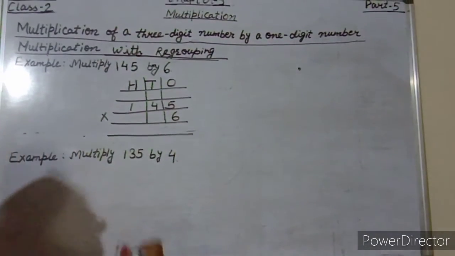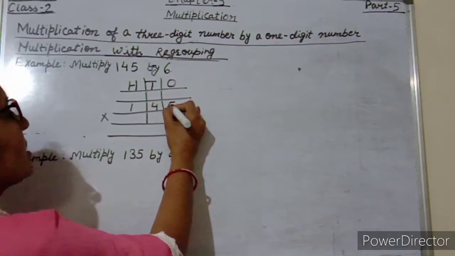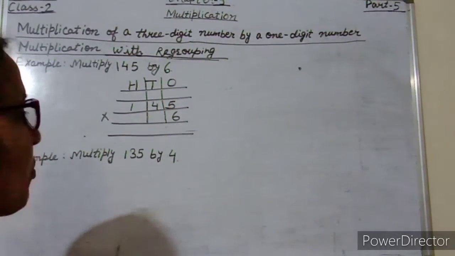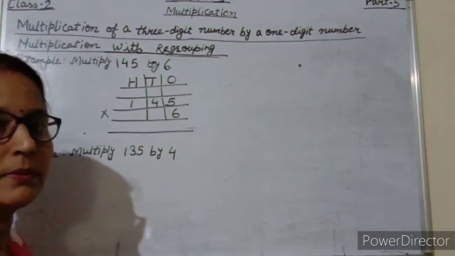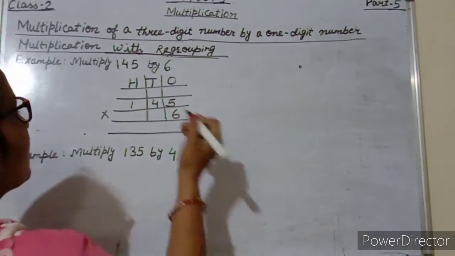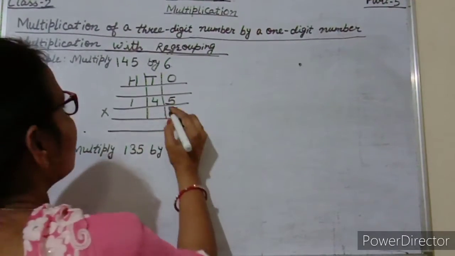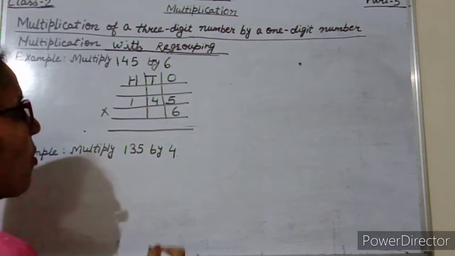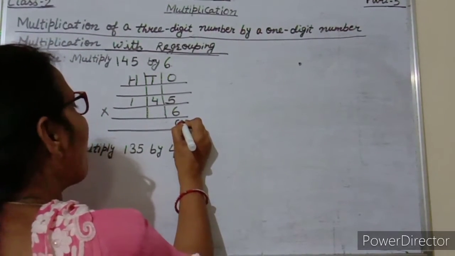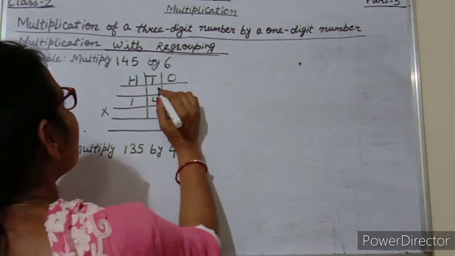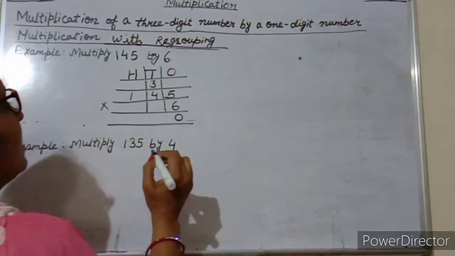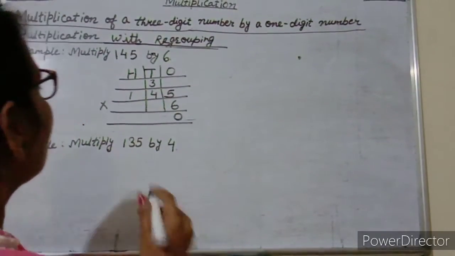Now come to the ones place. 5 ones into 6 is 30 ones. So regroup 30 as 3 tens and 0 ones. So 0 we will write under the ones column and 3 we will write in the tens place as a carry over.